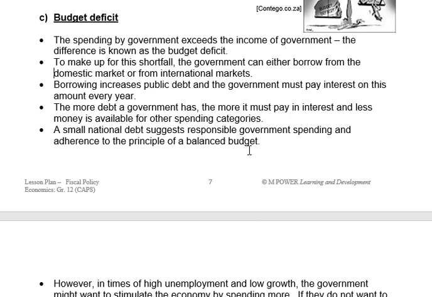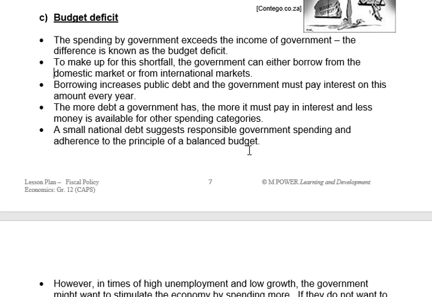Before they start dishing out the money for other purposes, they have to take out the top slice. And that top slice is the money that they need to use to repay the government debts of the past plus the interest. So the more debts and the more interest the government has that they have to pay back, the less money stays in that budget for other spending categories. So the more money they take out to pay their debts and the interest, the less money is available for education and for healthcare and the police force and whatever.